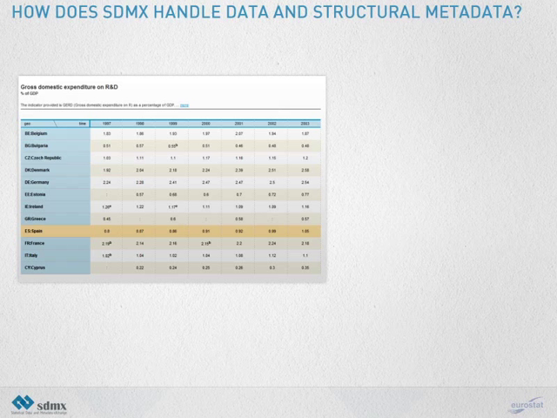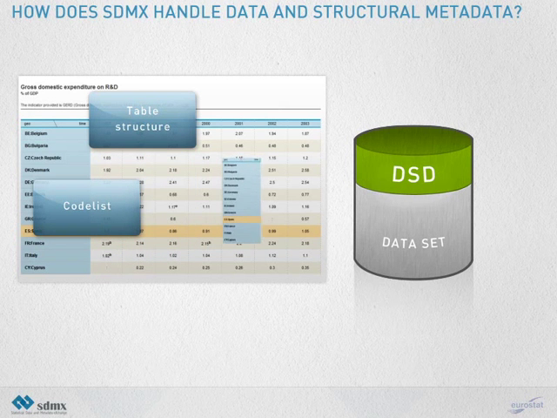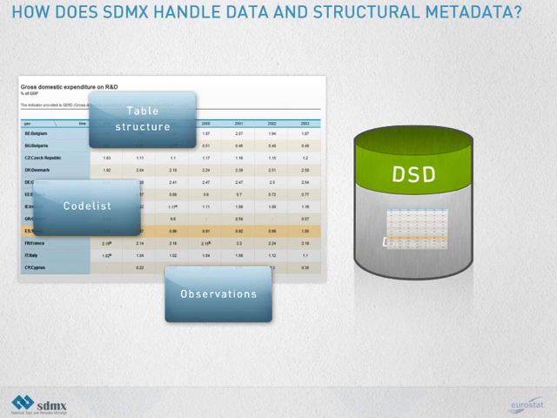SDMX provides a way to describe the structure of the dataset, called Data Structure Definition, DSD. The DSD can be seen as a logical container for a specific set of data. The definition of the structure ensures that data in the dataset conform to predefined statistical requirements, for example, using correct concepts, codes, and formats.